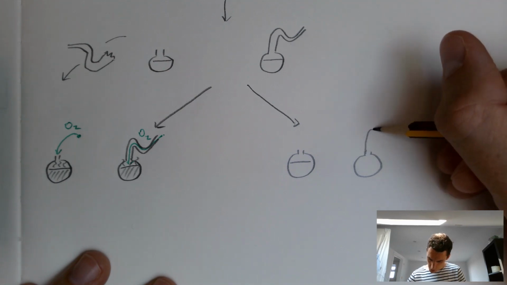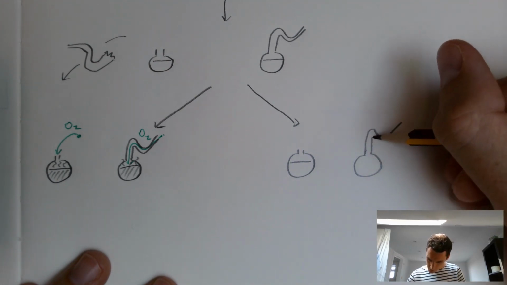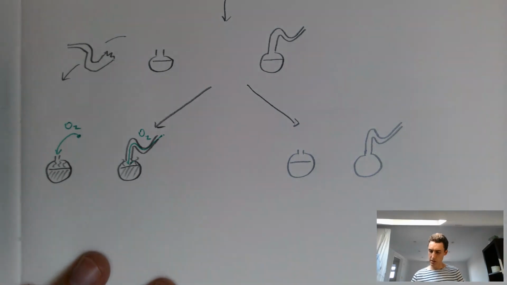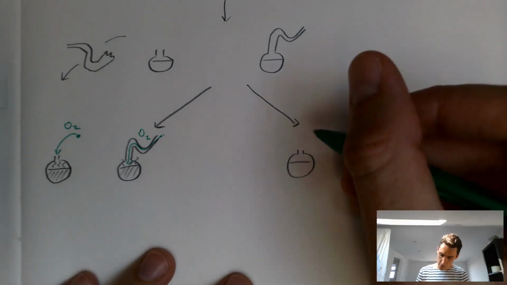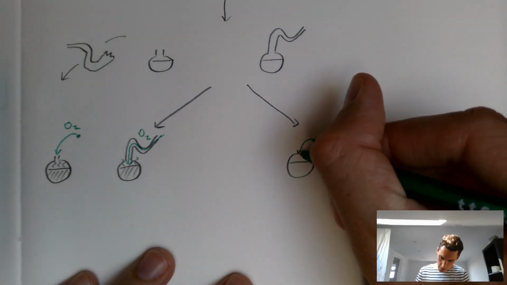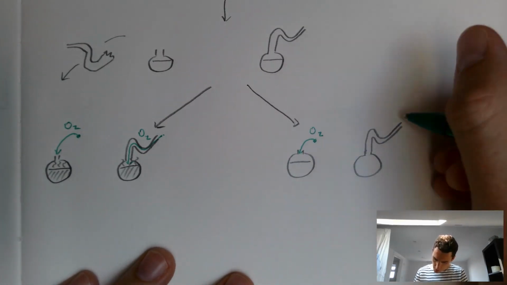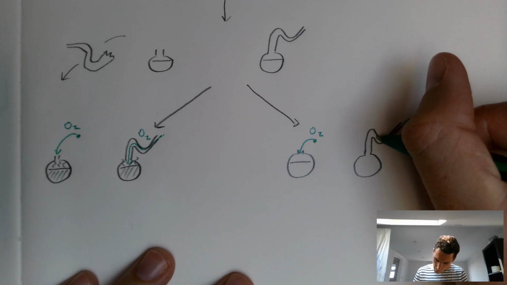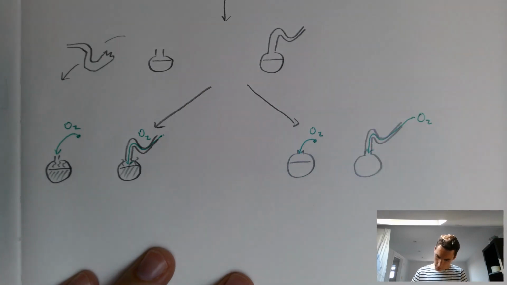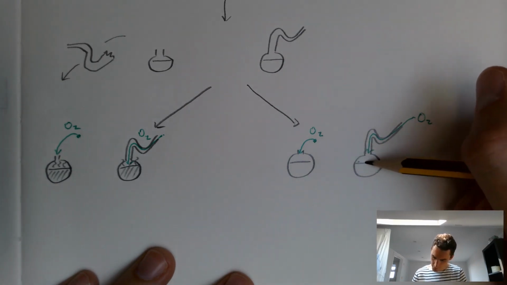So let's draw our unbroken swan neck flask like this. Because what Pasteur said was, okay, fine, oxygen can get into both. Let's put O2 and O2 into here. Draw the sugar solution again.